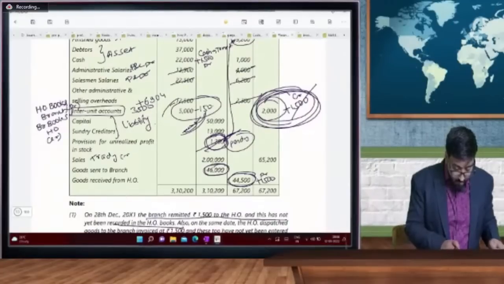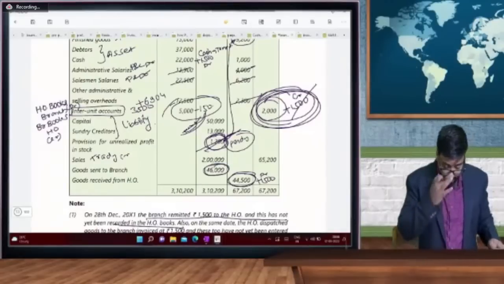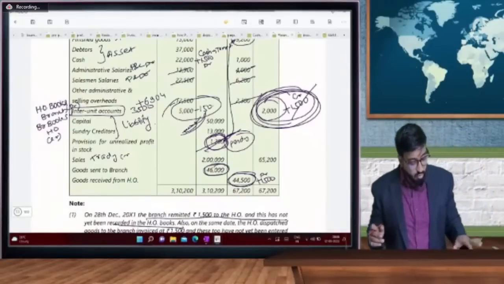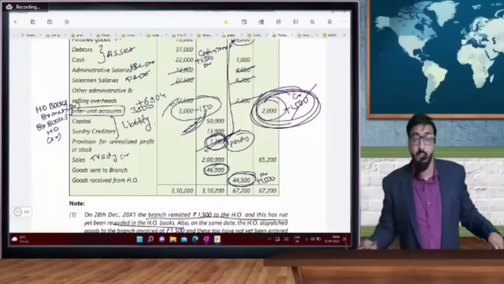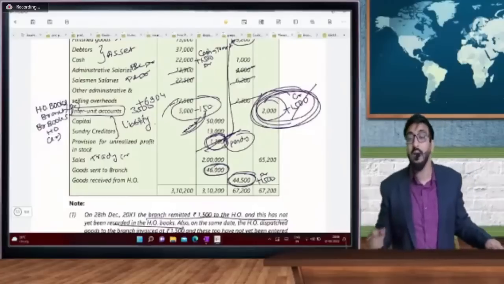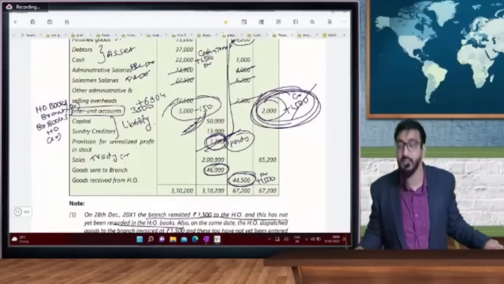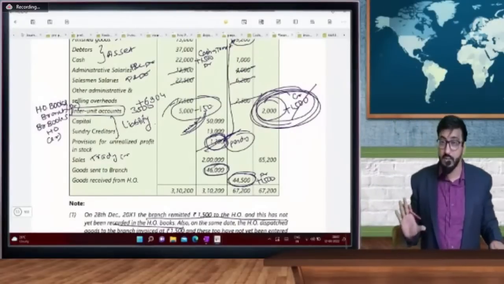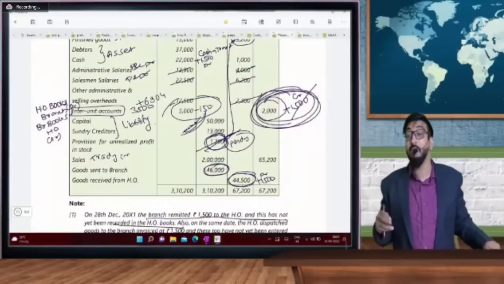Why is stock reserve in illustration 1 shown in the P&L account and not in the trading account? Yes, good question. Ask such questions, Sahil ji. Now, P&L account, because stock reserve is cancelled by head office, and when head office cancels, that unrealized profit you always have to cancel in your profit and loss account, because the trading account is related to goods, and this unrealized profit is a profit made by head office by sending goods to the branch.